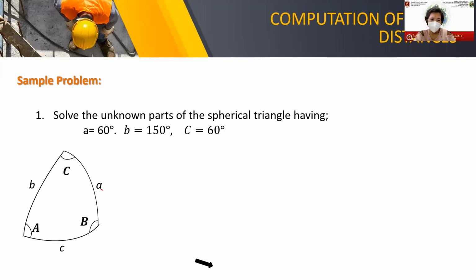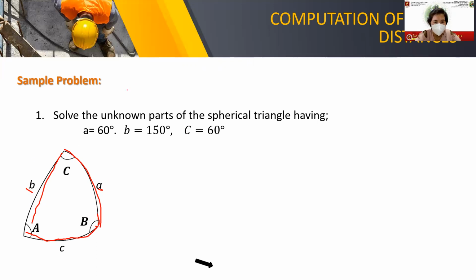This angle A is the angle from this portion up to here, so this is the value of the angle, which means this is the latitude, and this is the longitude. Here is the longitude, and there is another latitude of the point which is P.